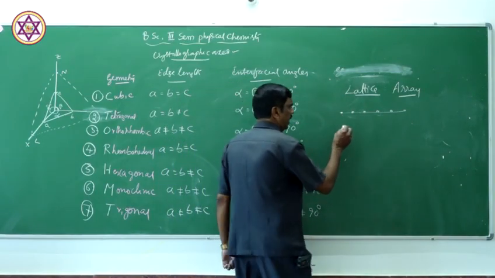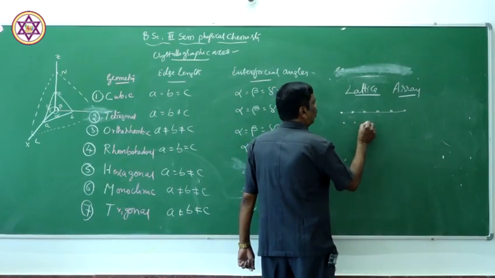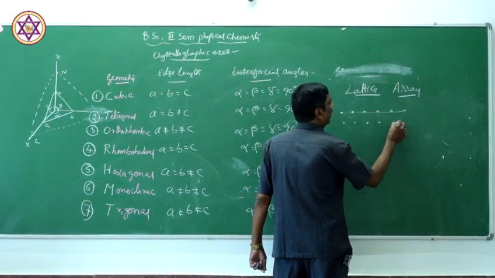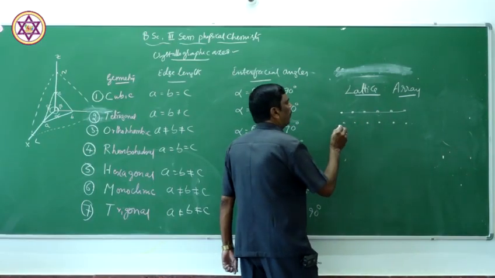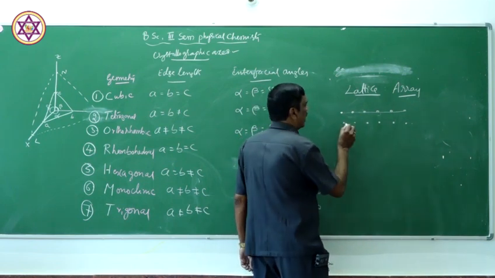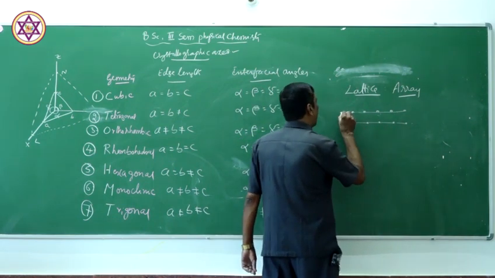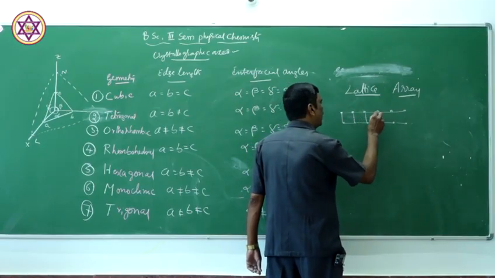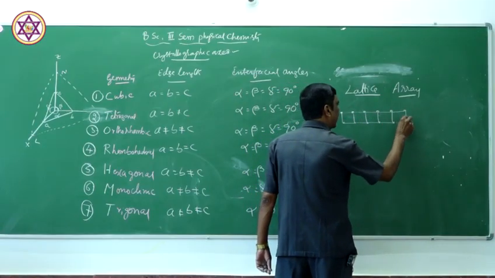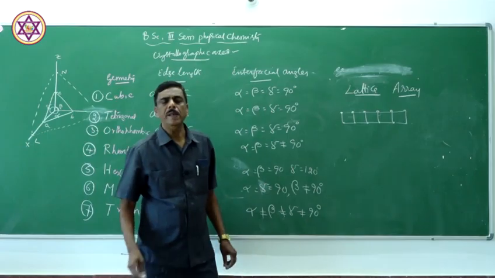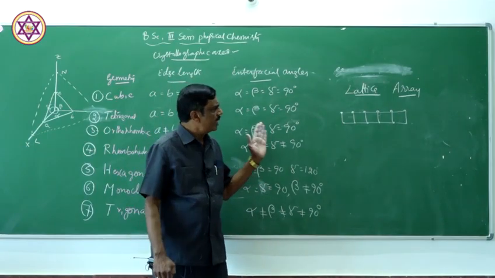If you take a 2-dimensional array, these are planar lattice planes. Now you see the atoms are here and they are joined to form a 2-dimensional array of atoms or molecules in a plane.